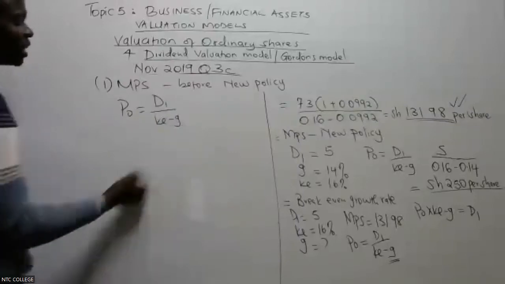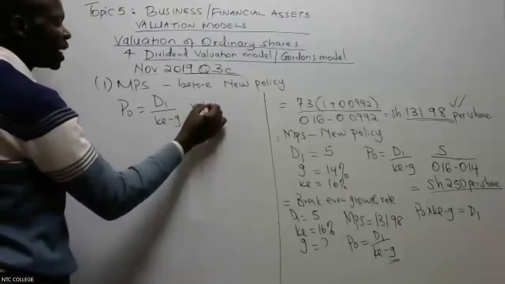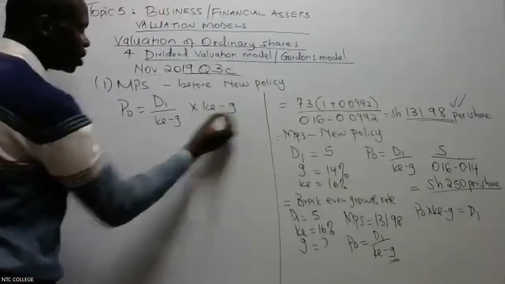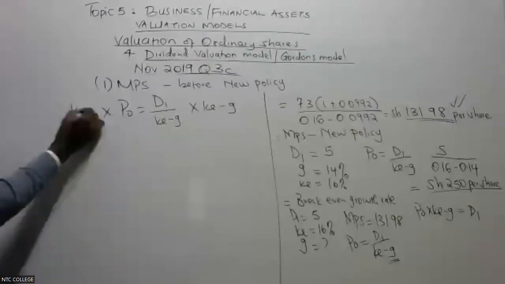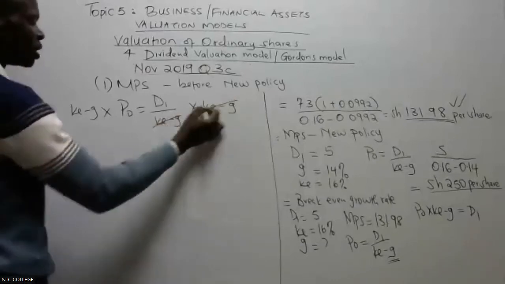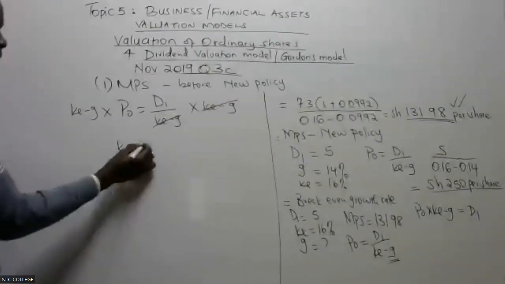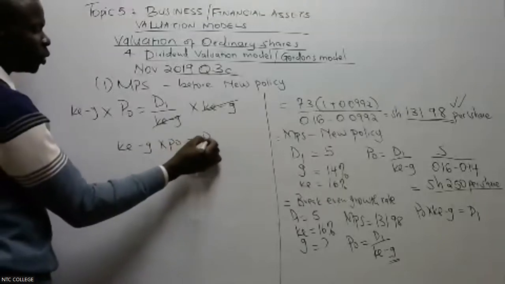We want to make G the subject of the formula. What will we do? We shall multiply both sides by KE minus G, so this and this will cancel out. We shall remain with KE minus G times P0 is equal to D1.